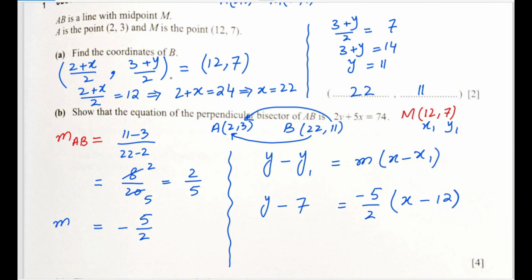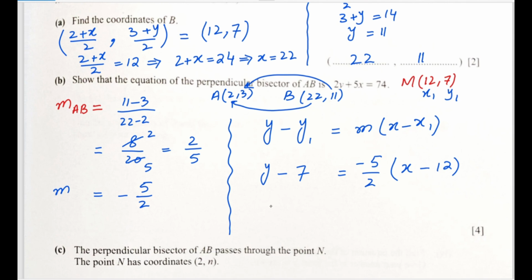x1 is 12. Now 2 is dividing on the right side. When it comes on the left side, this will be multiplied. So this is 2y minus 14 is equal to minus 5x, minus minus plus, 12 times 5 is 60. So 2y minus 14 equals minus 5x plus 60. 5x, when it comes on the left side, will be plus 5x, and 14 goes to the right: 60 plus 14.